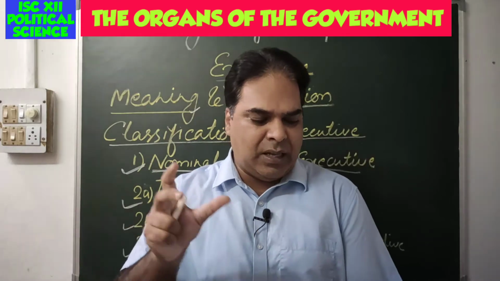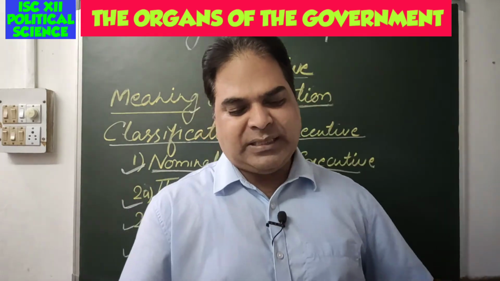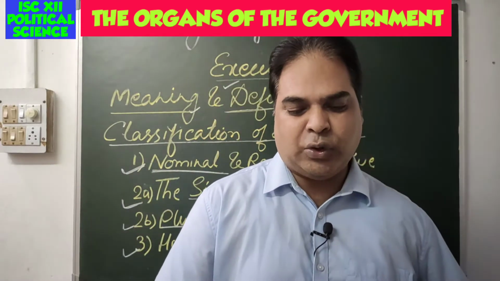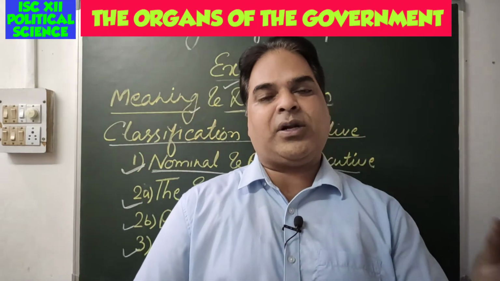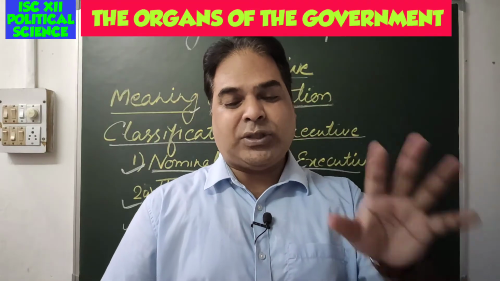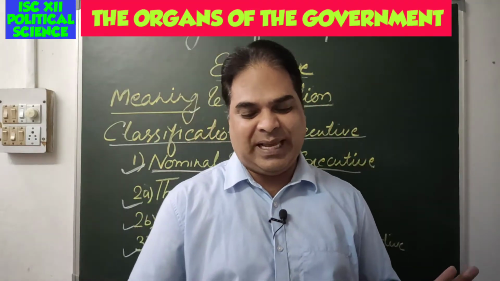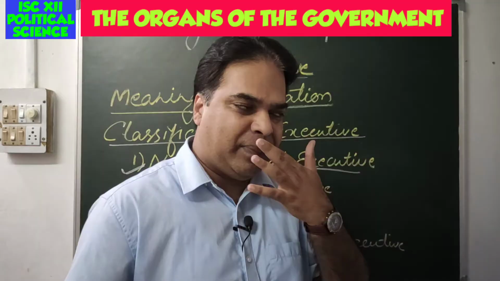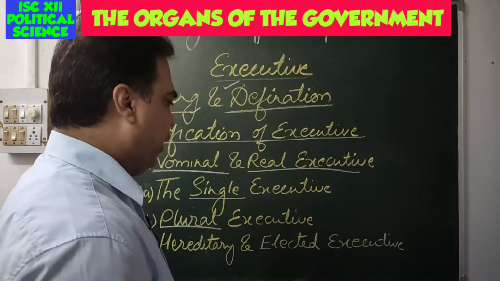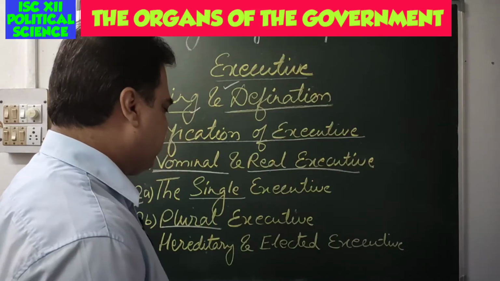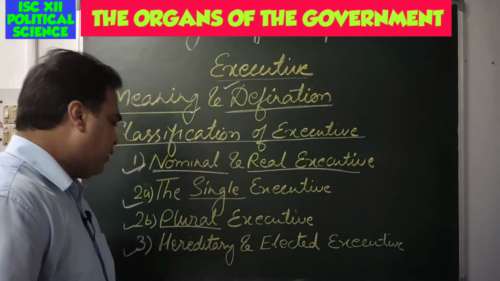A lot of people are there, so equals. Plural executive is there in Switzerland also. In Switzerland, administrative power is vested in the federal council, composed of 7 members of equal status. These are examples of plural executive, which today we don't require to study in a modern democracy, but in Switzerland it exists even today.